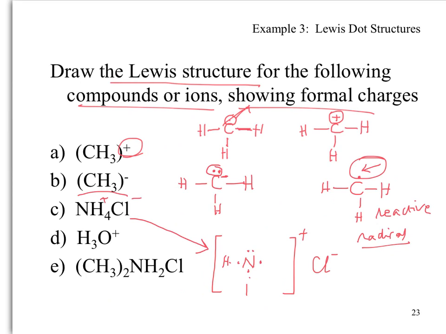Each hydrogen is going to bring in 1 electron with it, and these 2 electrons are going to be given off to that hydrogen in a dative manner, so that the positive charge is going to be on nitrogen. So you draw this as nitrogen, positive charge on nitrogen, and then Cl negative is the counter ion.